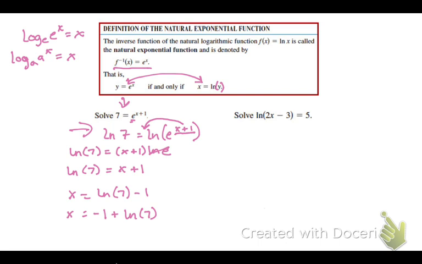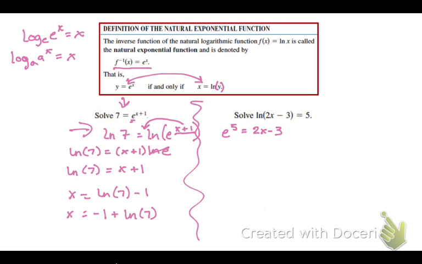E. Okay, I'm going to do it one way, and then I'm going to show you how they do it in Calc Chat. I don't care either way you do it. Do the way that makes sense to you. So the way I'm going to do it first is the way it makes sense to me. So this would be e to the 5th equals 2x minus 3.